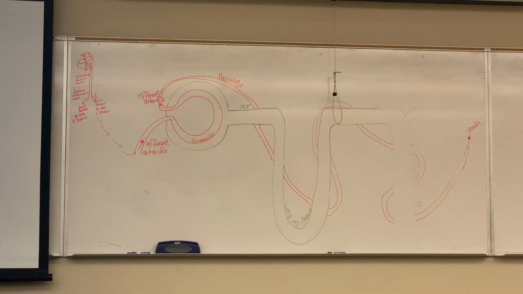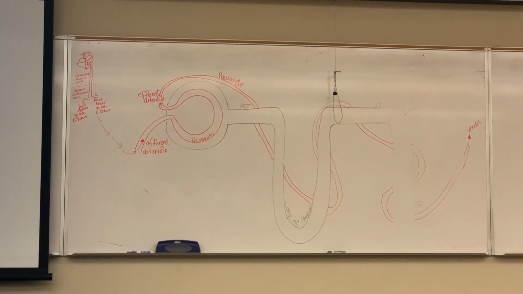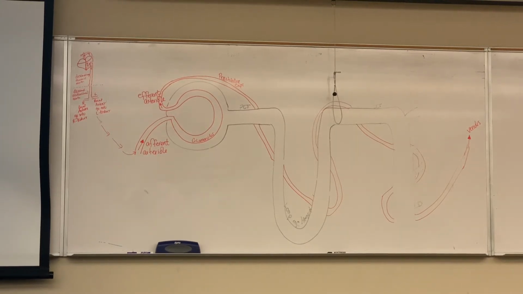Then those veins are going to drain or converge into larger diameter, less numerous veins that we're not learning the names of, until eventually all the blood within that one kidney will exit the kidney through the renal vein.